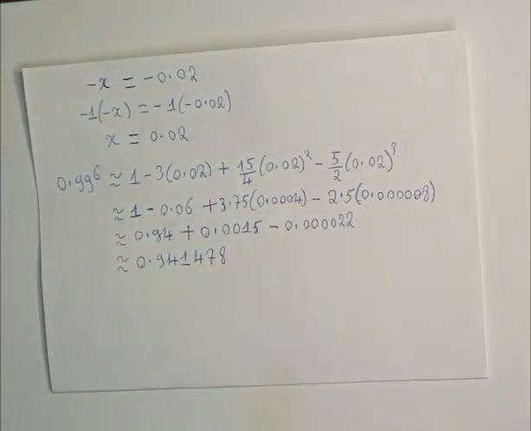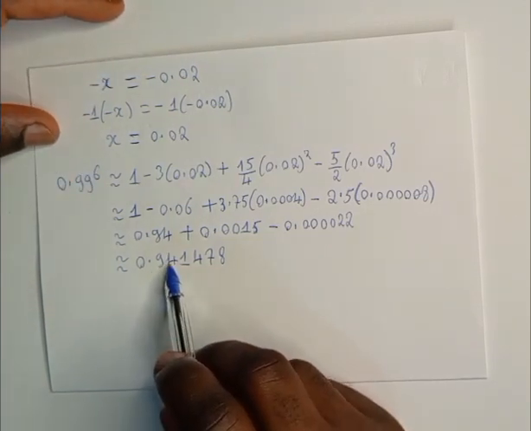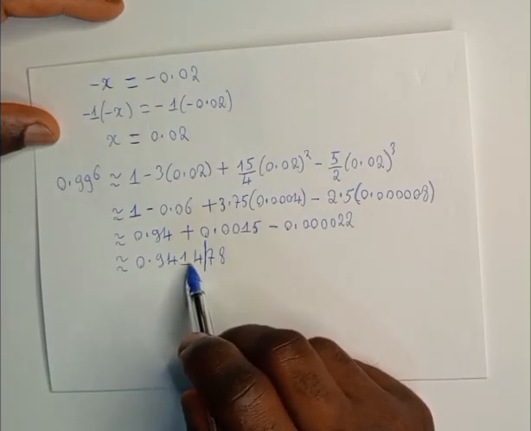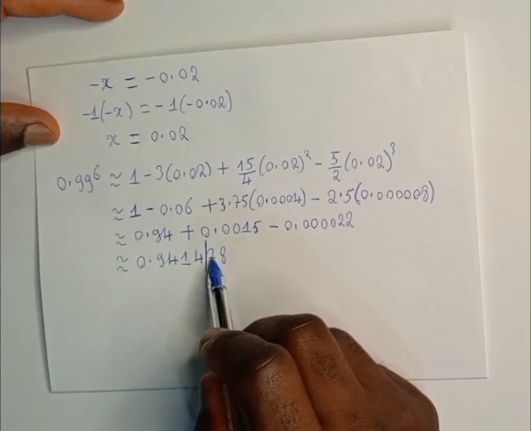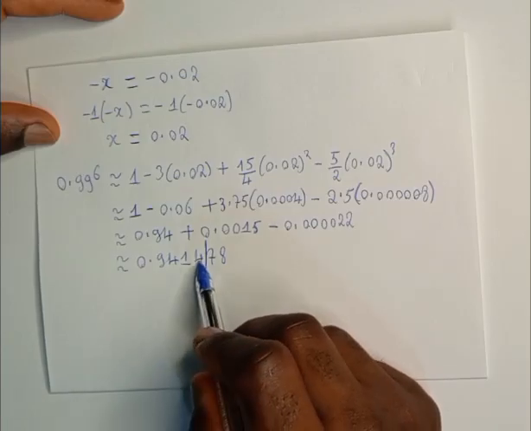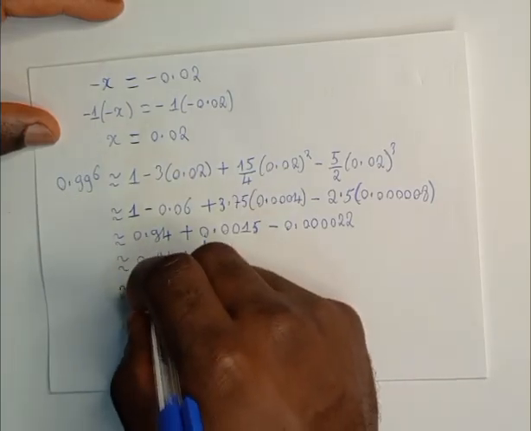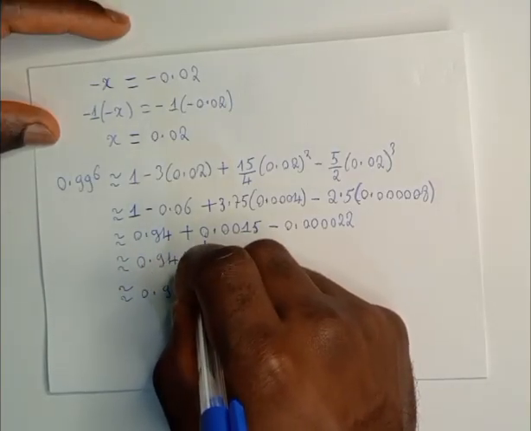0.941478. Now, given our answer to 4 decimal places, count 4 decimal places, we have 1, 2, 3, 4. We are going to round off between the digits 4 and 7. 7 is greater than or equal to 5. It is rounded up to 1. We are going to add the 1 to this 4, which gives us 5. Now this will be approximately 0.9415.